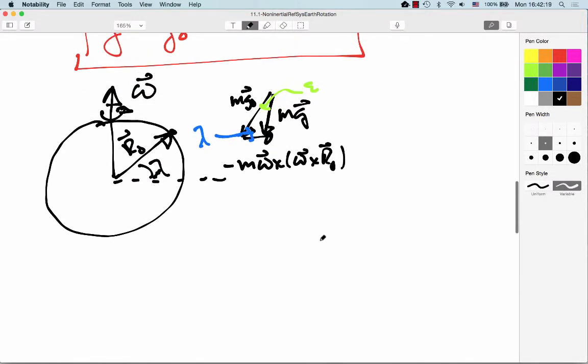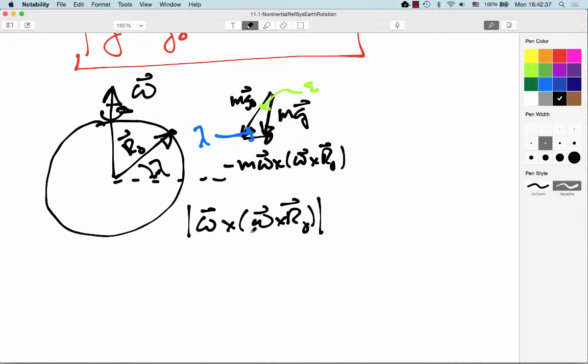All right, so we can start with that. Let's just go ahead and evaluate the magnitude of our sideways deflection. So we want to find the magnitude of omega cross omega cross r naught.